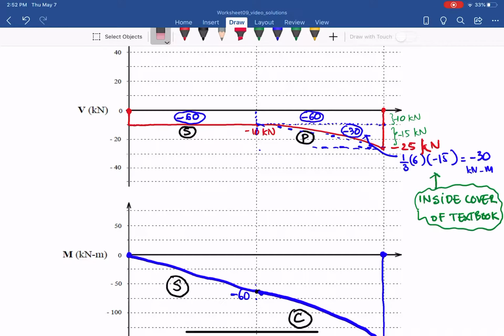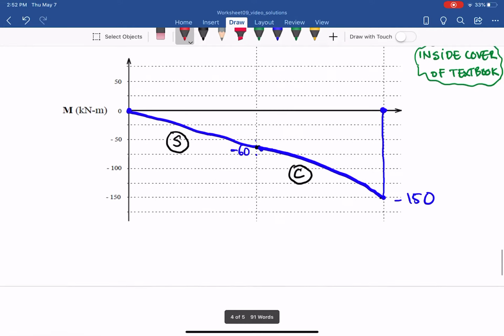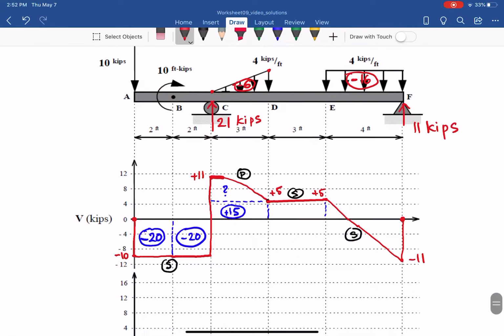So let me erase that and go back to the original problem, the next area we want to find out. So this is 10 kilonewton. Going down here, we have two areas.